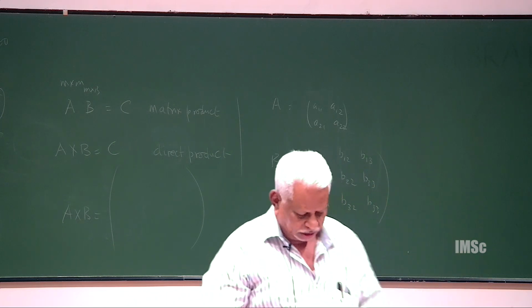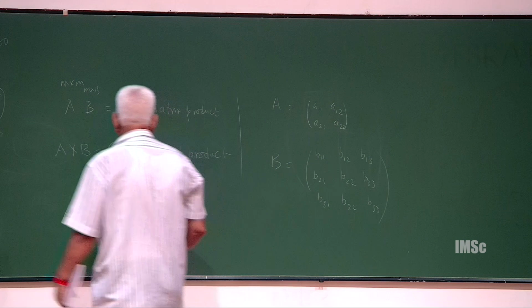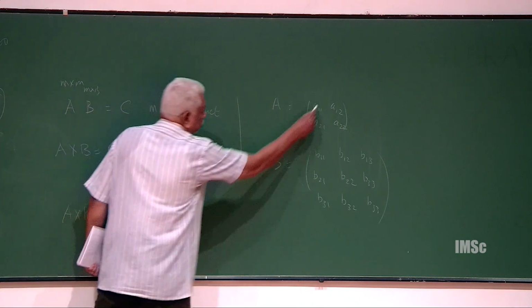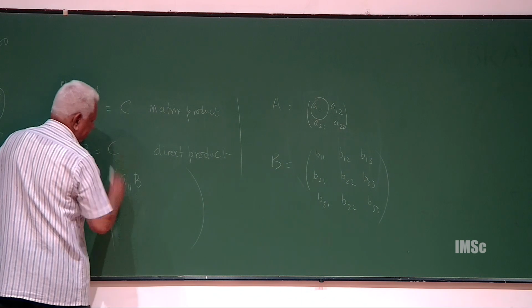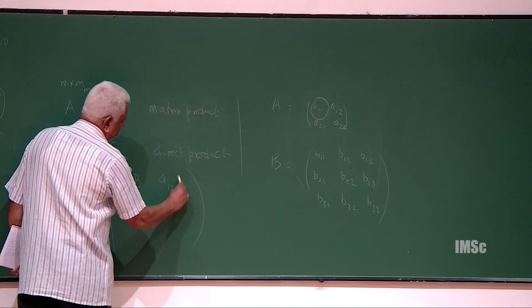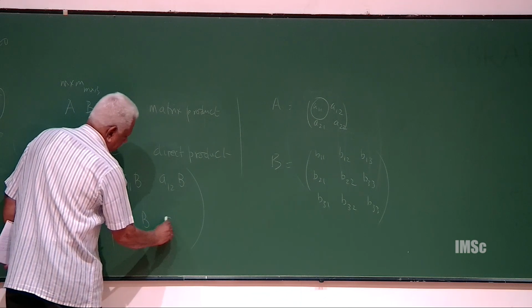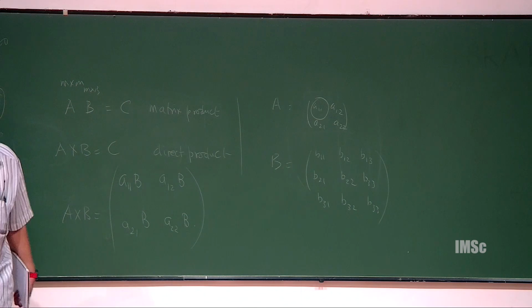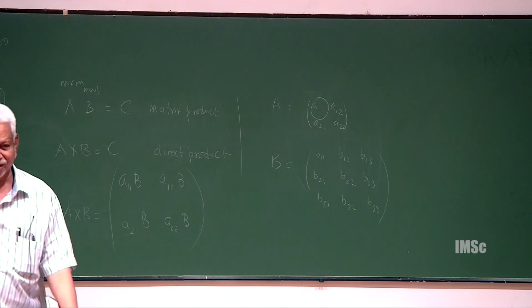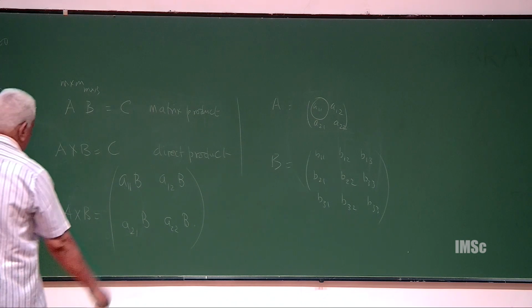Okay? So what is it you have to do? A cross B is A11 multiplied by B, A12 multiplied by B, A21 multiplied by B, A22 multiplied by B. Remember, B is a 3 by 3 matrix, right? For your benefit, I am going to write only A11B.